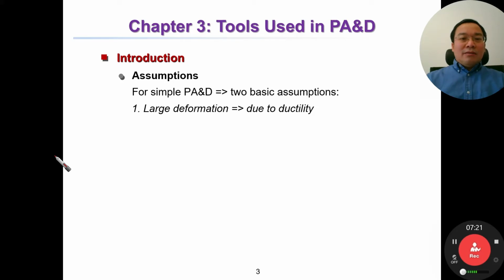By using this assumption, the plastic moment or plastic strength of the section can be observed. If we use more deformation, then we cannot obtain the fully plastic strength of the section, especially the fully plastic moment.